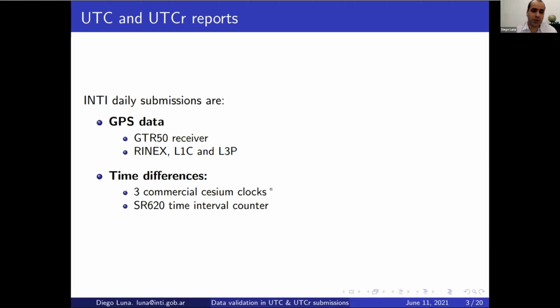We only have GPS, and we use for that purpose a GTR50 receiver, and we report RINEX with code measurements and phase measurements corrected by ionospheric delays. And we also provide a time difference between the 3 clocks we have. We have 3 commercial cesium clocks, and we make these measurements using a Stanford Research time interval counter.